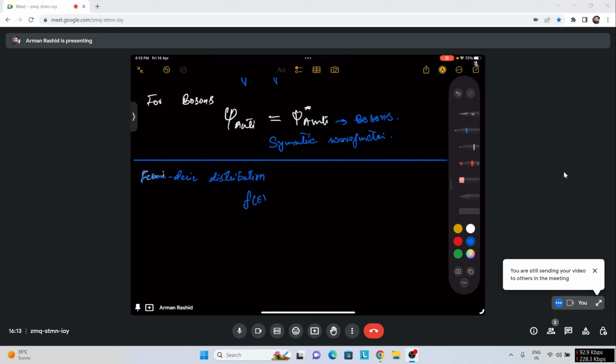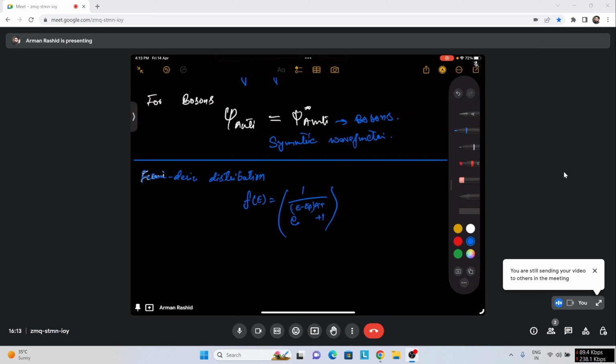I think f of E is given by 1 divided by e raised to the power (E minus EF) by kT, plus 1.